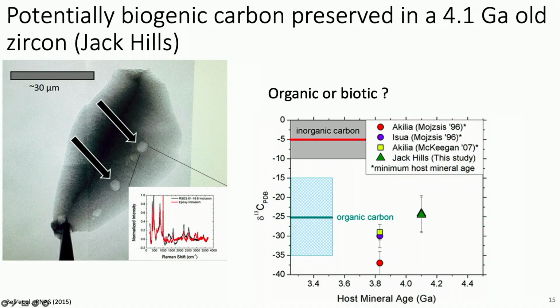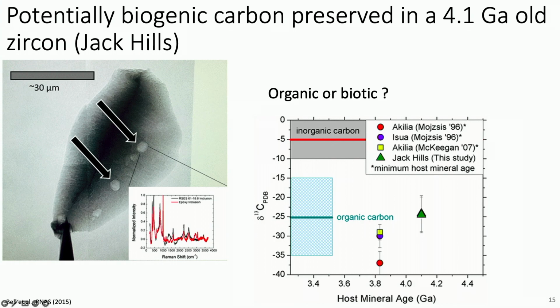So there's been this controversial report of potentially biogenic carbon preserved in 4.1 billion year old zircon. That's a paper by Bell and collaborators in 2015. Here that's the zircon as viewed, I think, in electron microscopy. The size is very small.